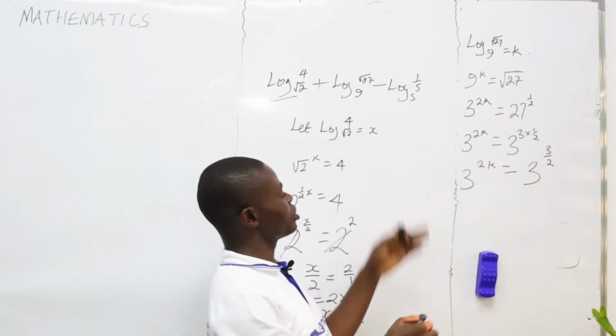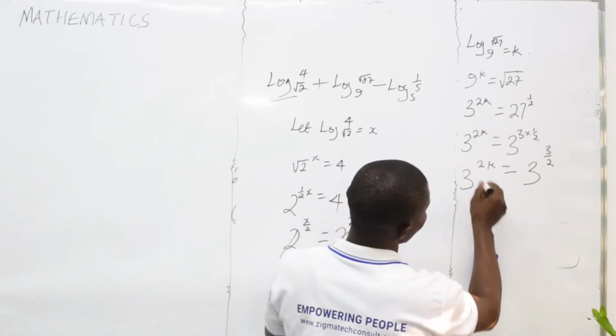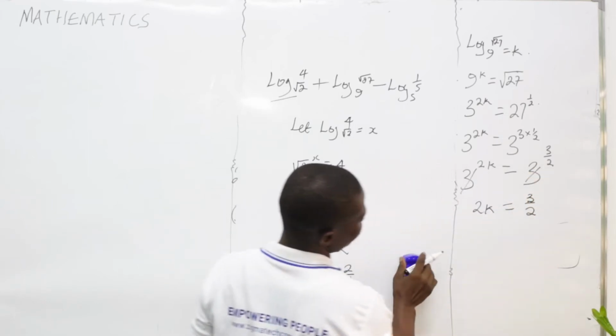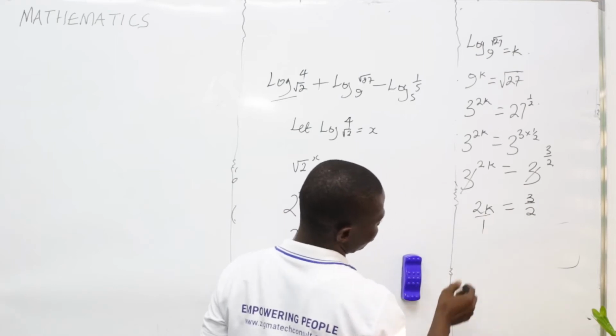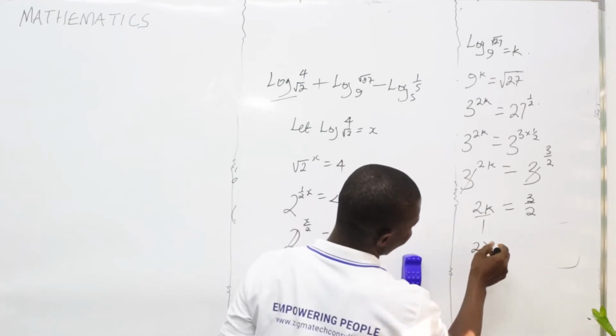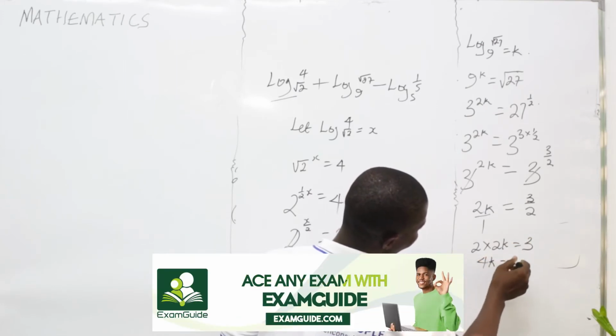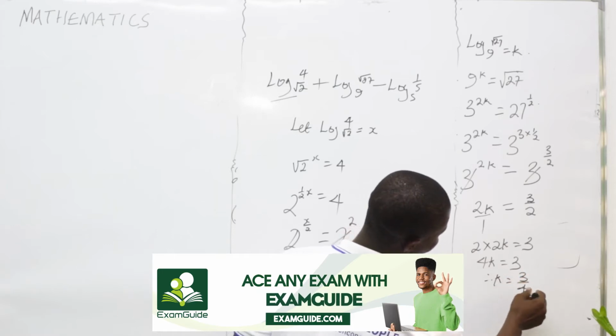So what do you do? You cancel it. So 2k equals 3 all over 2. So I will make this over 1 to give me 2 times 2k equals 3. 4k equals 3. Therefore, k equals 3 all over 4.